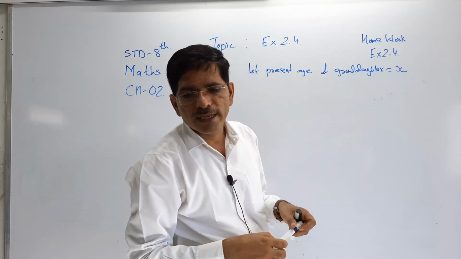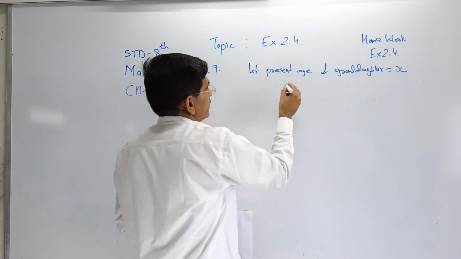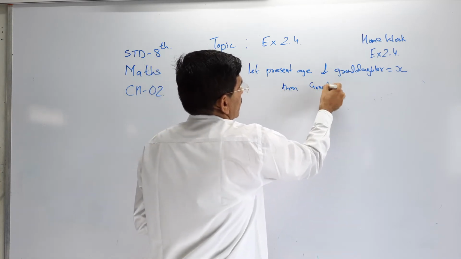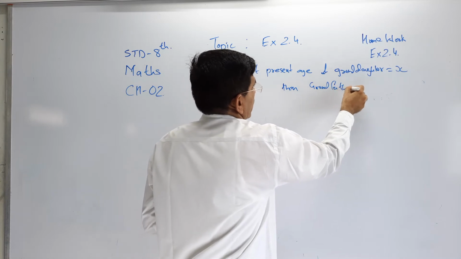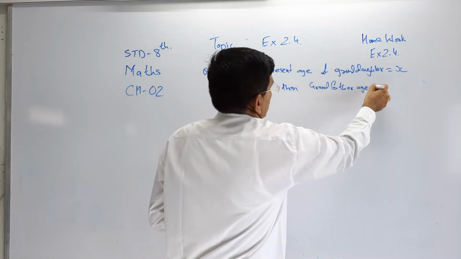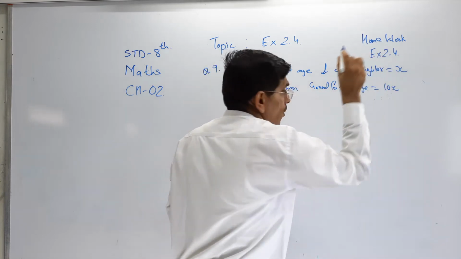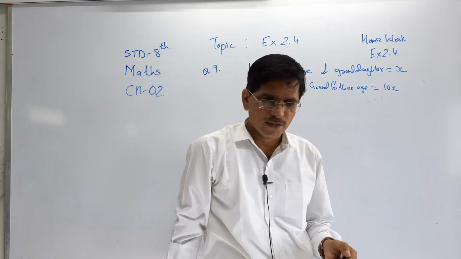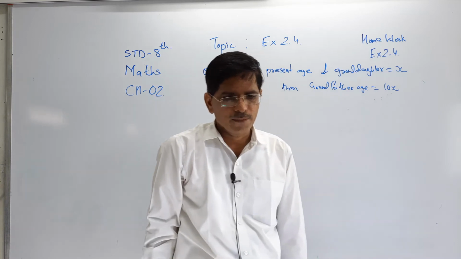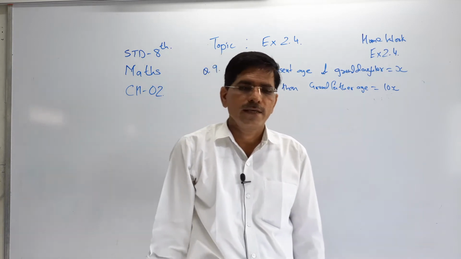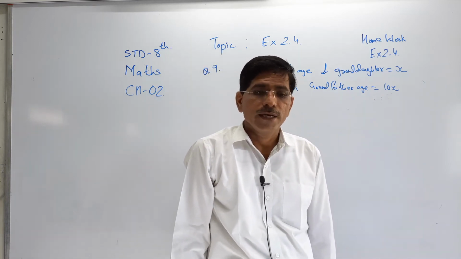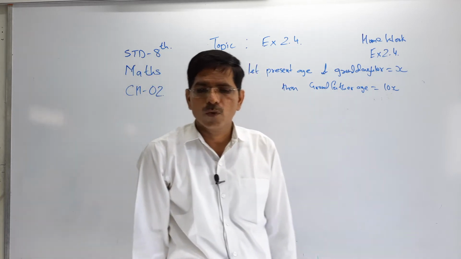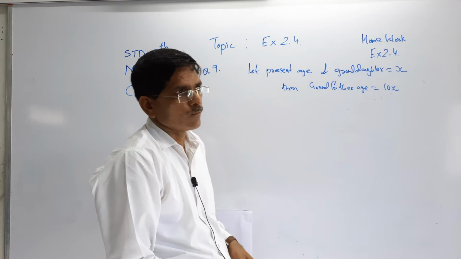Then the grandfather's age is 10x, because the question says the grandfather is 10 times older than his granddaughter. He is also 54.